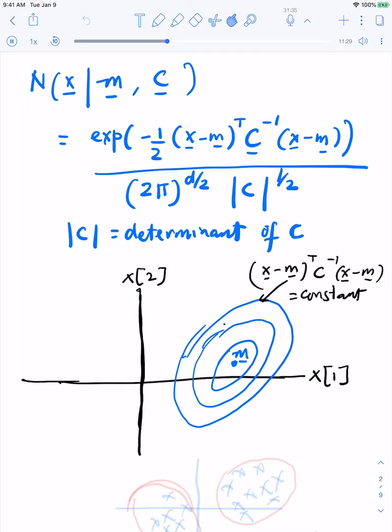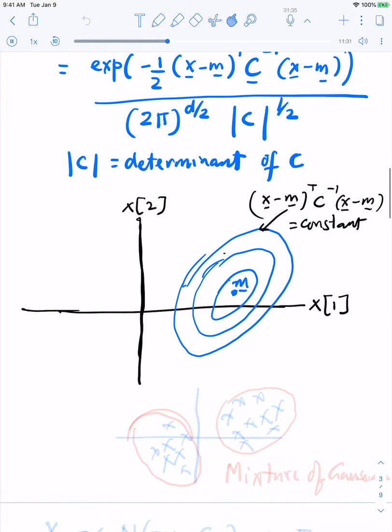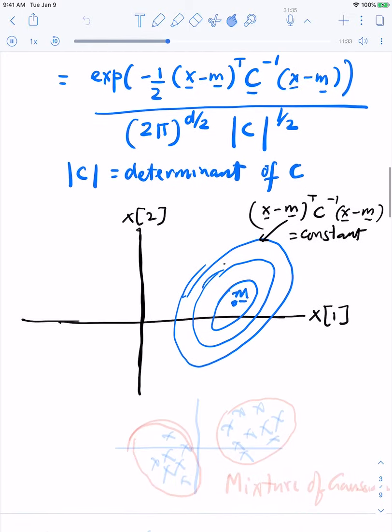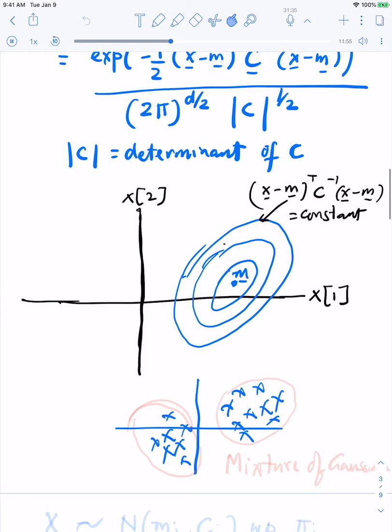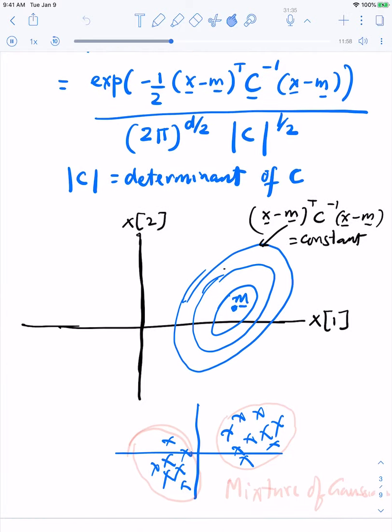Of course, in real life, your data might look quite different, right? Your data might look like, let me just draw some picture of some data that's out here and there. And that data does not look Gaussian, because if I try to fit an ellipse to it, there's a gap in the middle where there's nothing going on.